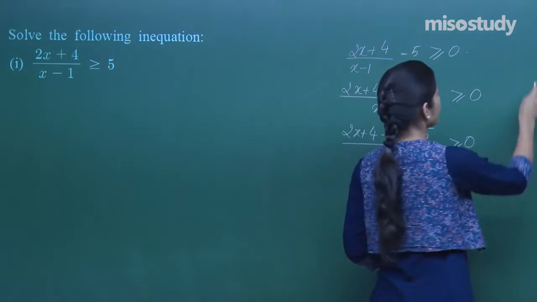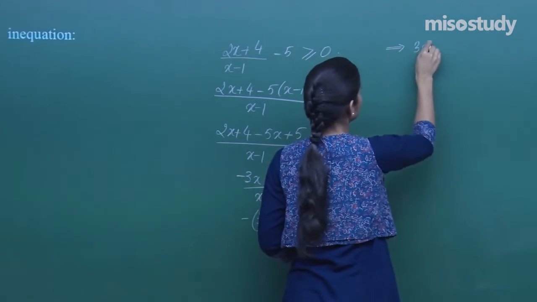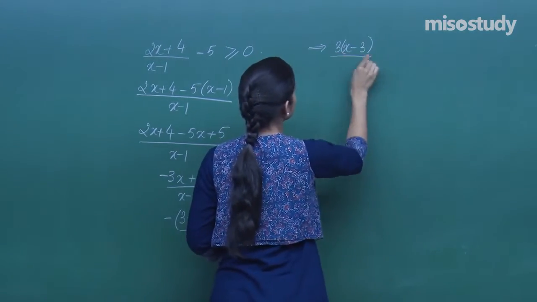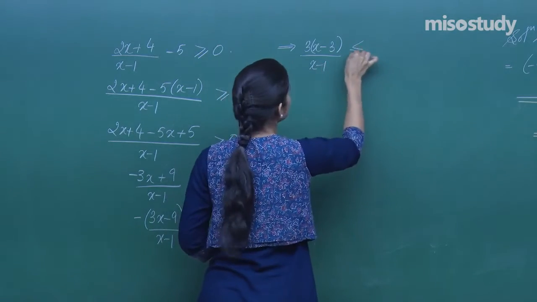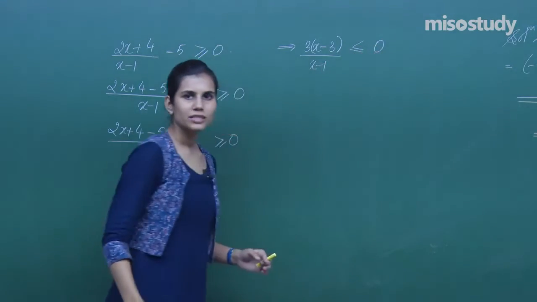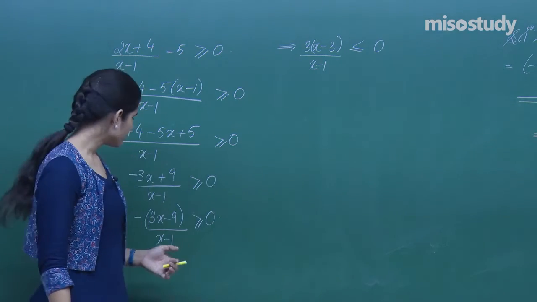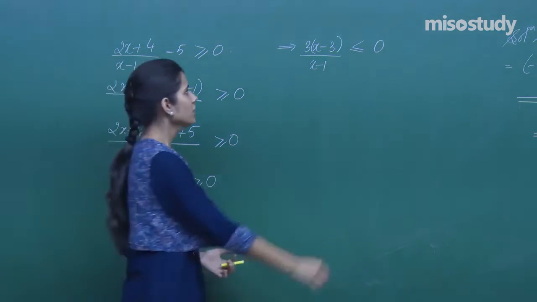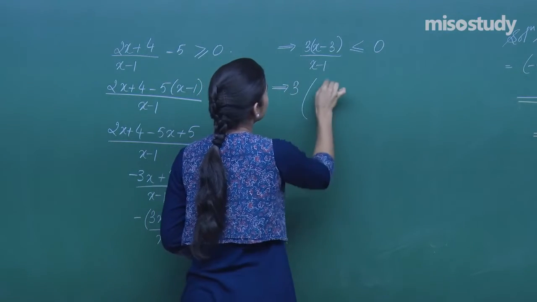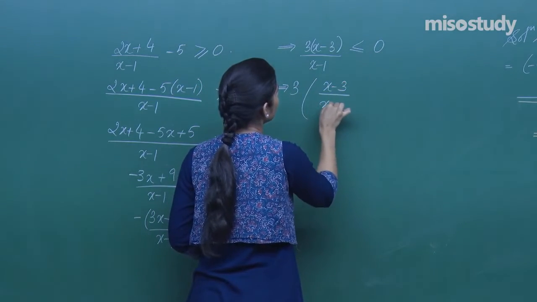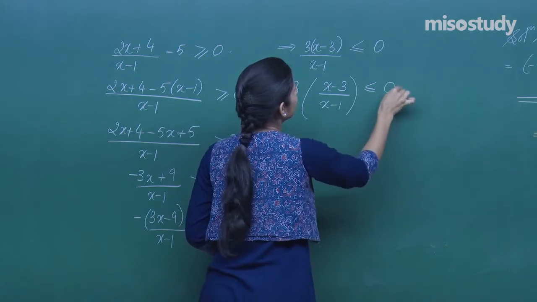If I multiply both sides by minus 1, I get 3x minus 9, which is 3 times x minus 3, upon x minus 1 is less than equal to 0. Because when you multiply both sides by minus 1, your inequality changes from greater than equal to, to less than equal to.